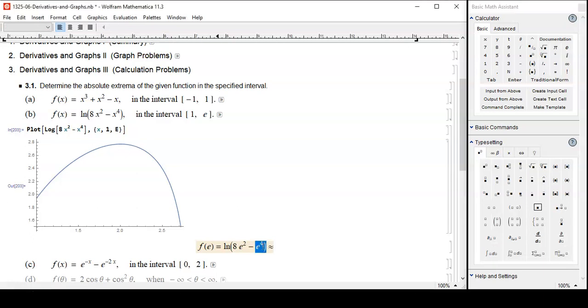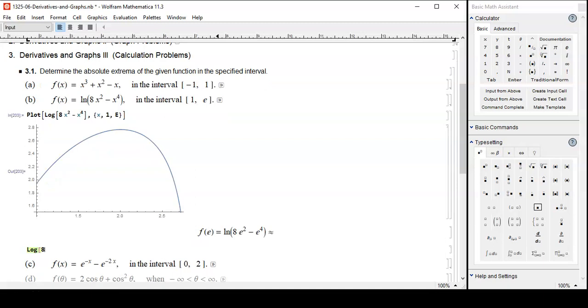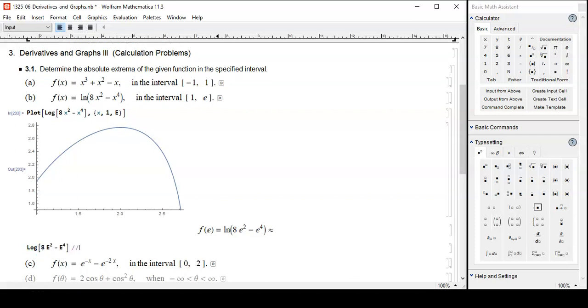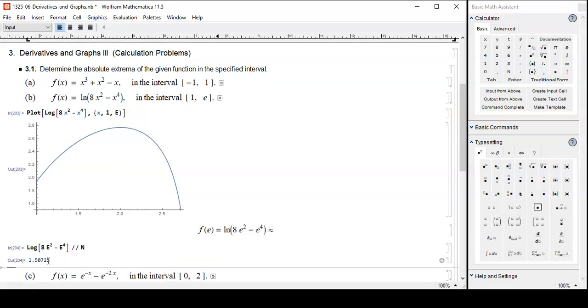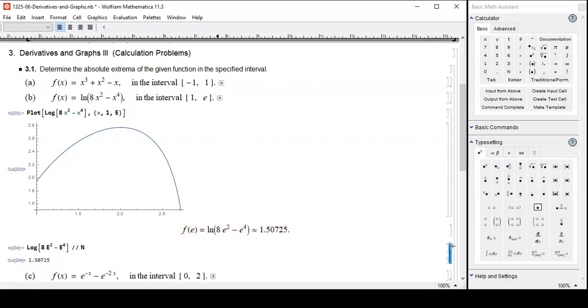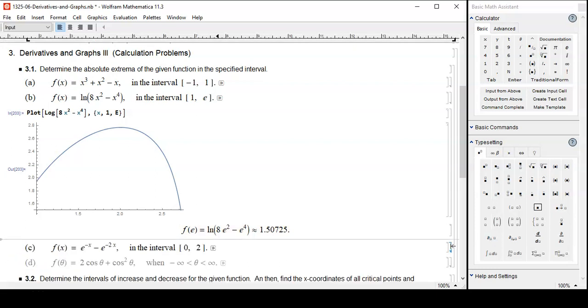As a matter of fact, this expression by itself is that... squared minus e to the 4th power. 1.5 something. This is the absolute minimum. Let's see, this is 1.6 here, so 1.507. Yeah, that sounds right. That's about right. Okay, we got absolute minimum.